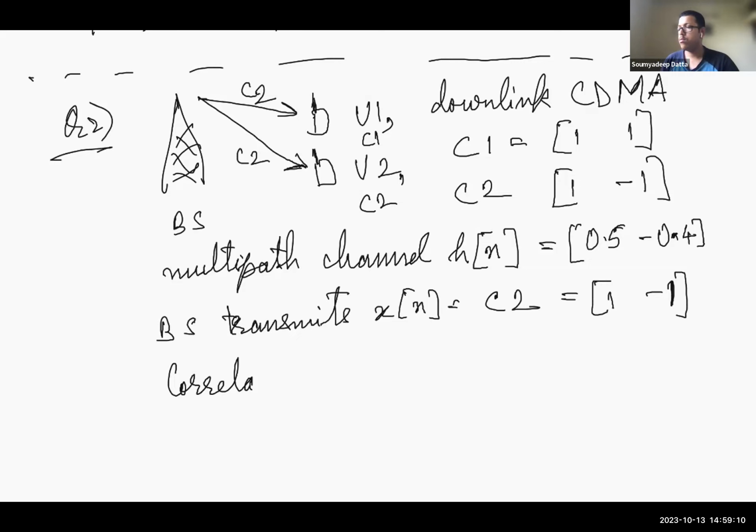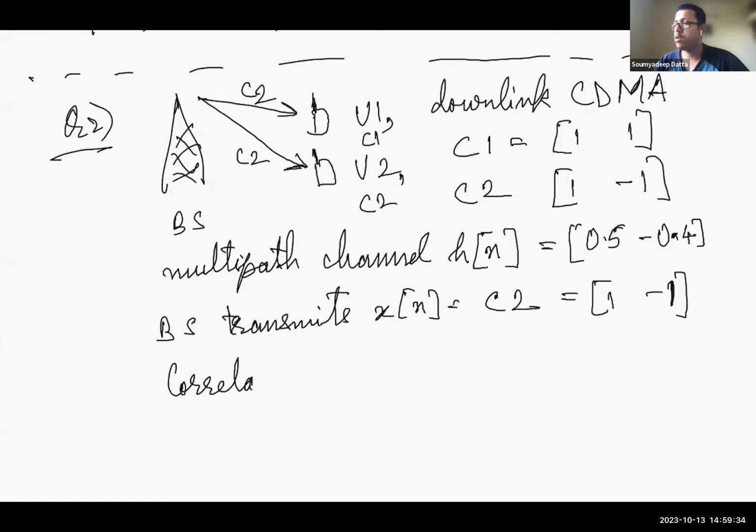And you are told the number of users per cell, which is denoted as capital K, equal to 100, let's say. I've taken some random numbers.